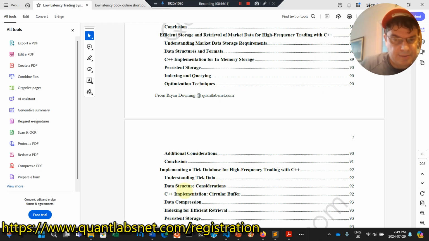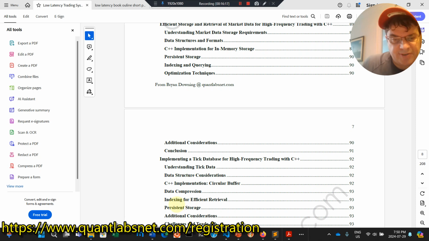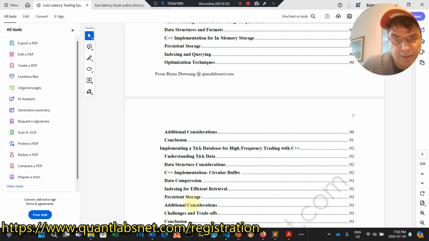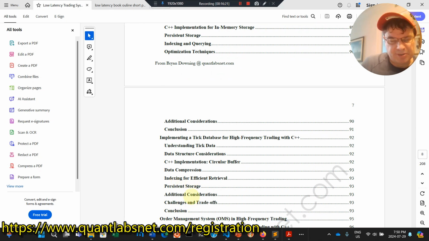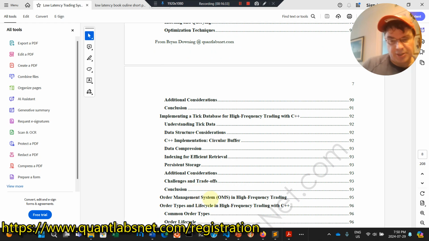Understanding the tick data structure, implementing it, using something called a circular buffer, data compressing, indexing for efficient retrieval, persistent storage, that could be stored in KX's KDB Plus database. I highlighted them a while back in one of those videos with an interview. Additional considerations and challenges and trade-offs.